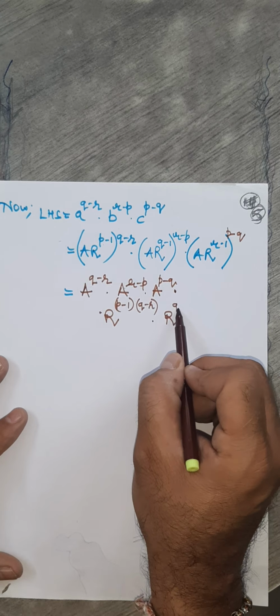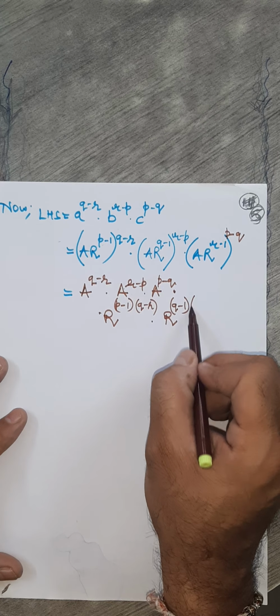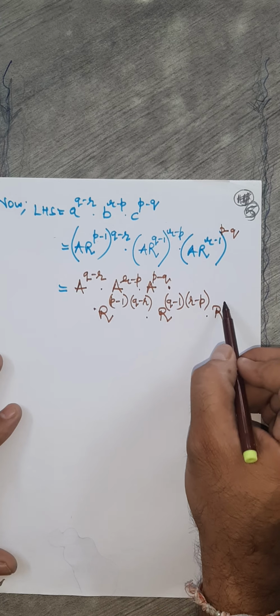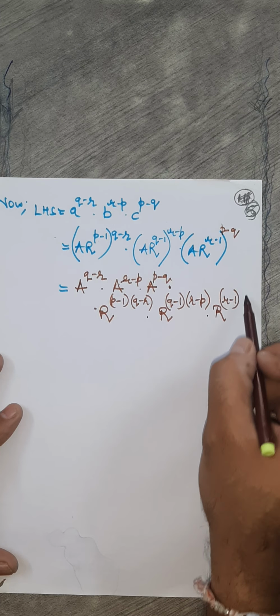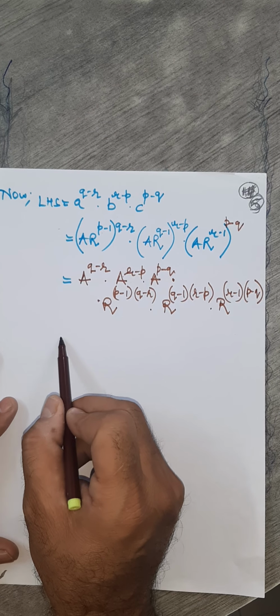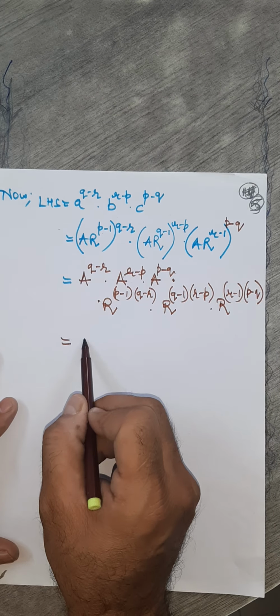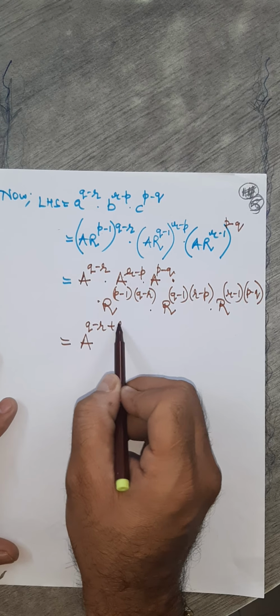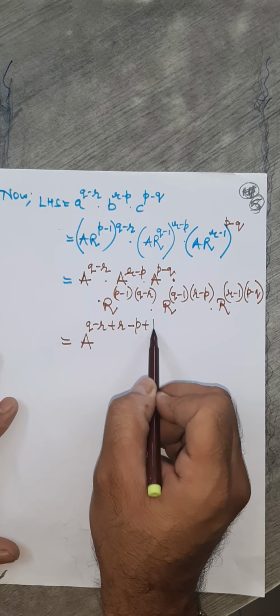R raised to q minus 1 into r minus p, into here R raised to r minus 1 into p minus q. So now bases are the same, so you can just add the exponents. This plus this plus this.